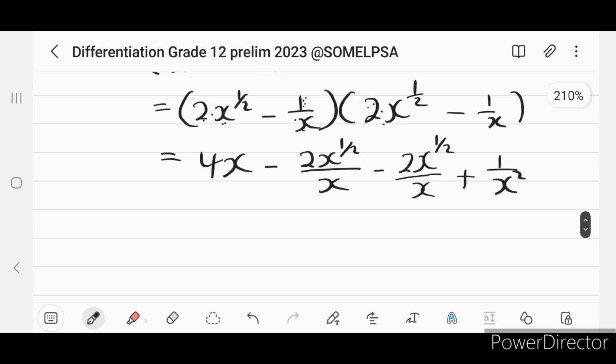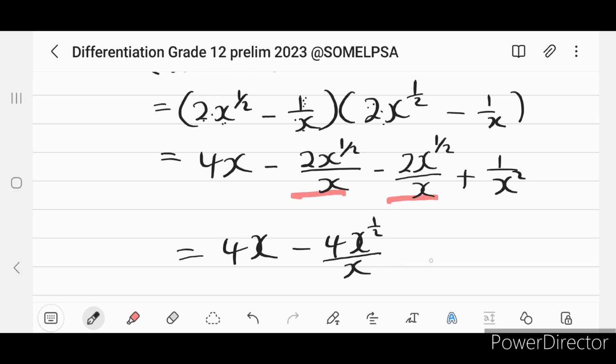Like terms. So these two guys are like terms. The middle ones, they are like terms. So this is minus 4x to the power of 1 over 2 over x plus 1 over x squared.